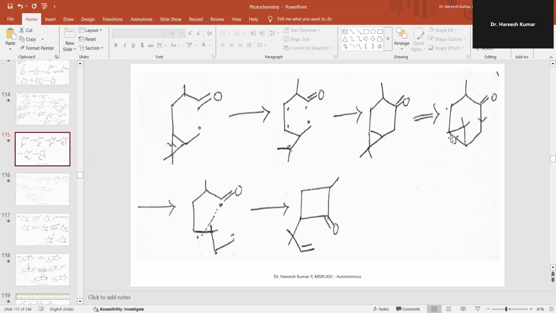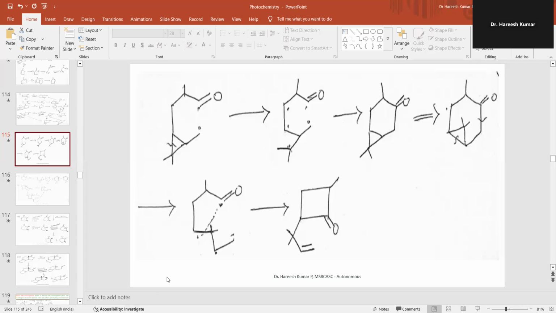So both are identical structures. Then cleavage here. Why is it cleavage here? A three-membered ring will be the strained one. That's the reason for the cleavage. So forming two radicals. Here one radical, here one radical. And then what will happen?